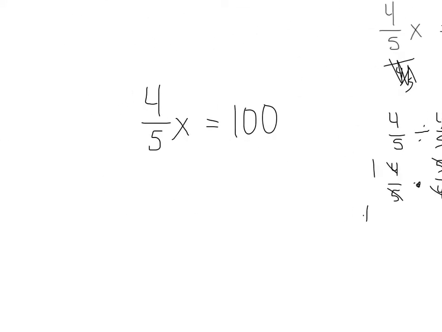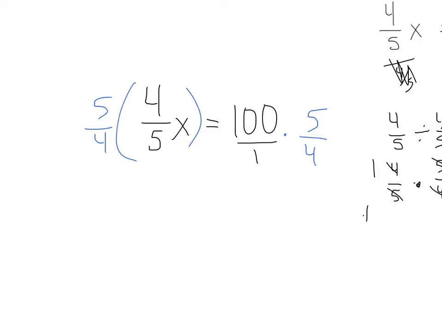So let's do this. We're going to multiply by the inverse of 4/5, which is 5/4. But we have to do the same thing on the other side. And remember that 100 has to become 100 over 1. Now, we could draw out the 5/4 times 4/5 times x for here. But what do we know?